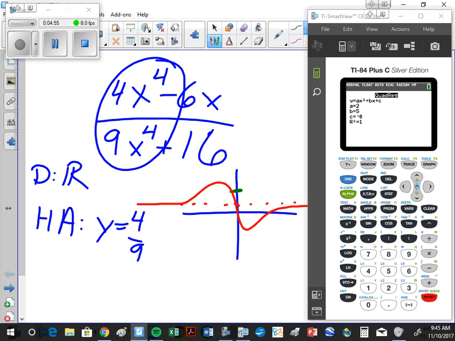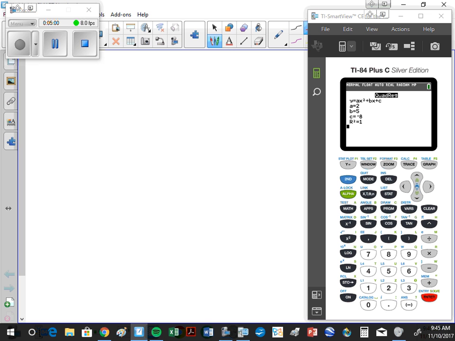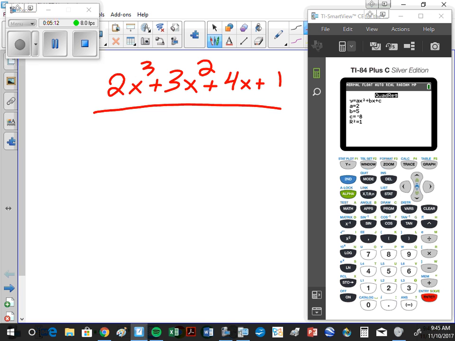Okay? Well, what if I had 2x to the third plus 3x squared plus 4x plus 1 divided by 5x squared minus 6x plus 1. Let's just focus on horizontal asymptotes. Does this have any?